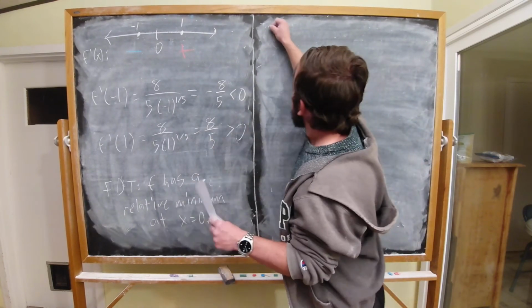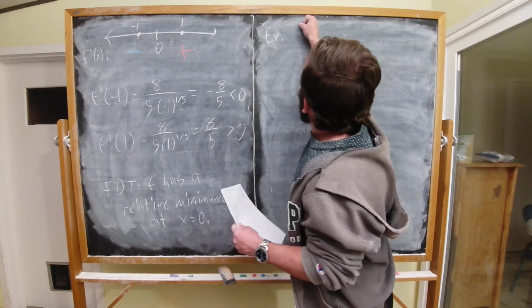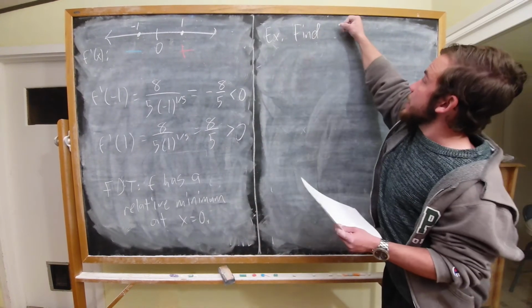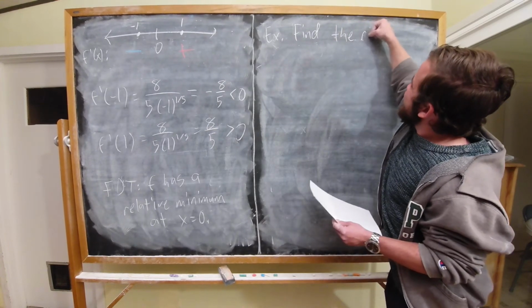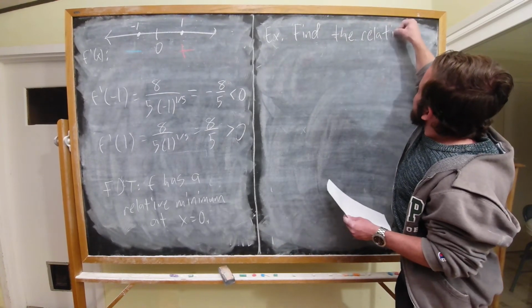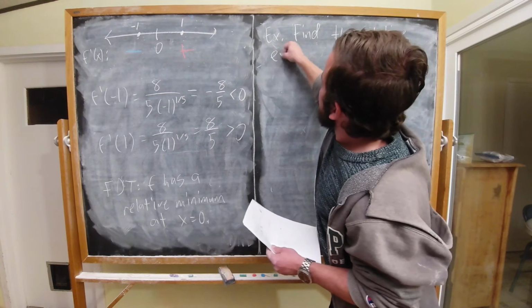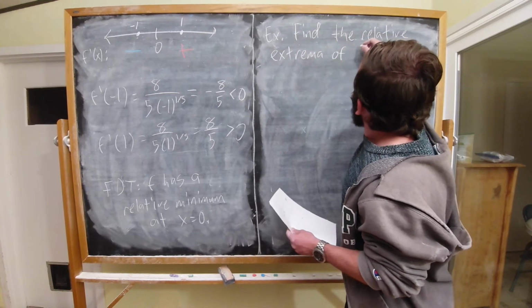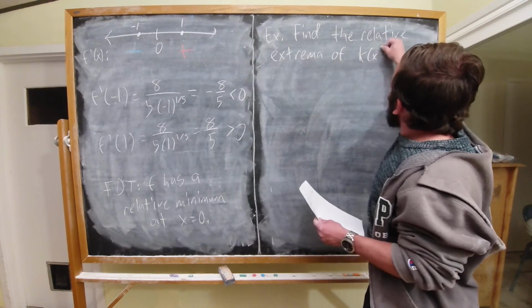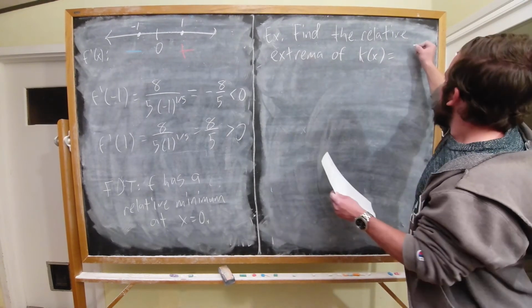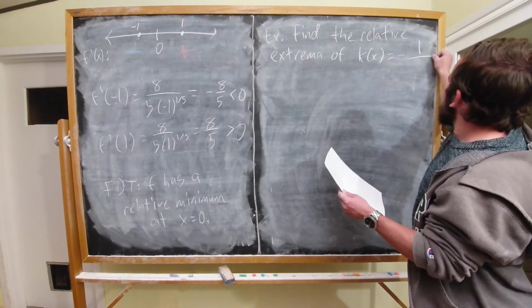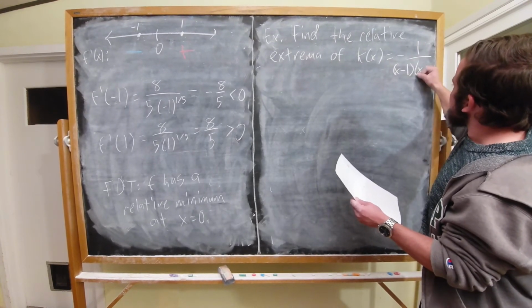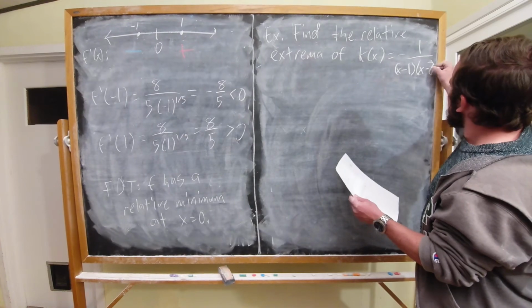Alright. Find the relative extrema of k of x equal to -1 divided by x minus 1 times x minus 2.